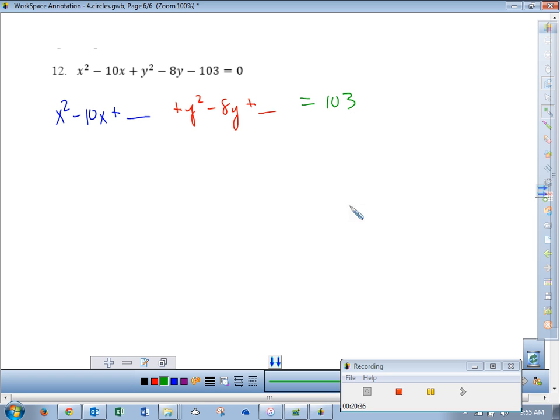Alright, x's together, in order, y's together, in order, couple plus blanks, and don't forget to put the plus blanks on the other side also. Fill in them blanks, half the b value squared. Check your blanks with my blanks once you fill them in.